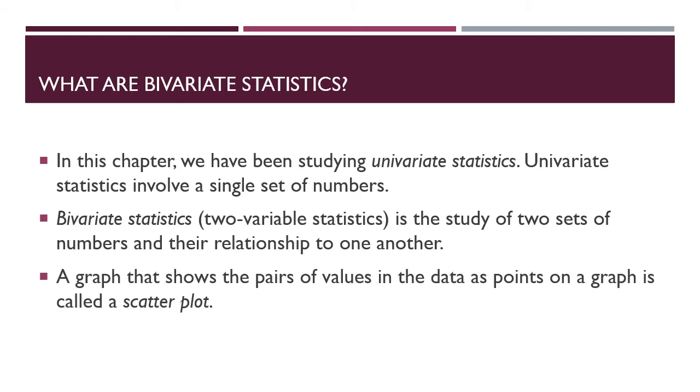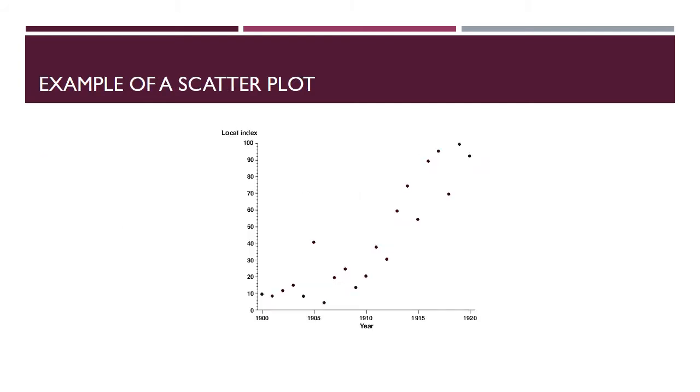A graph that will show the pairs of values in the data for both sets as points on a graph. We plot the points, and it's called a scatter plot. This is an example of what a scatter plot would look like.